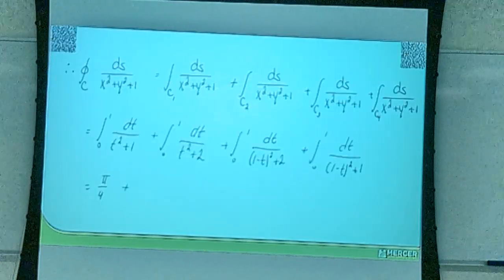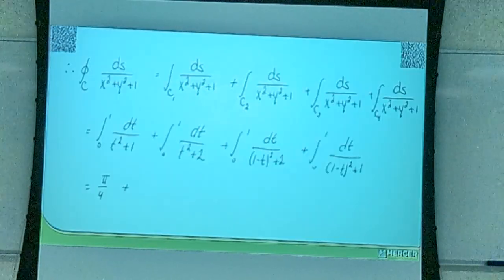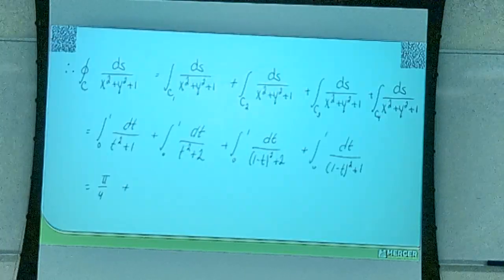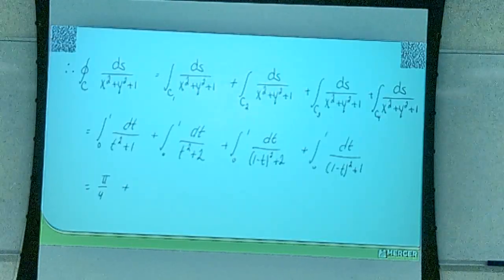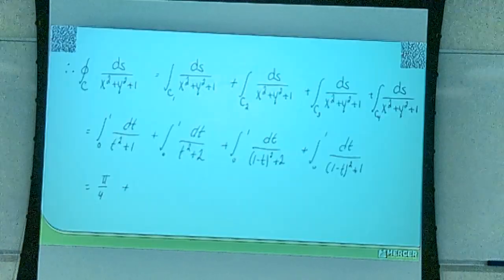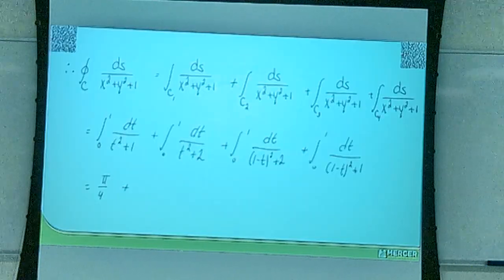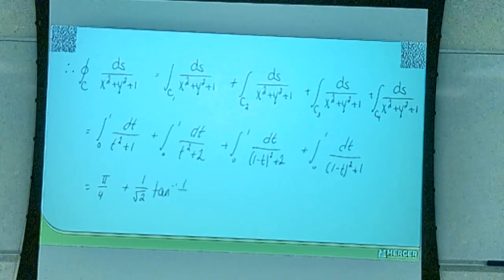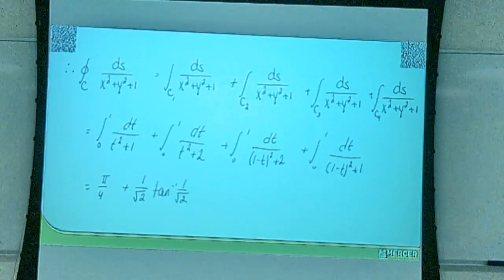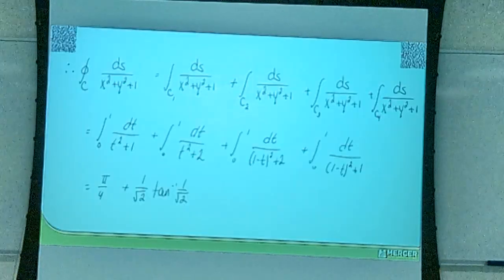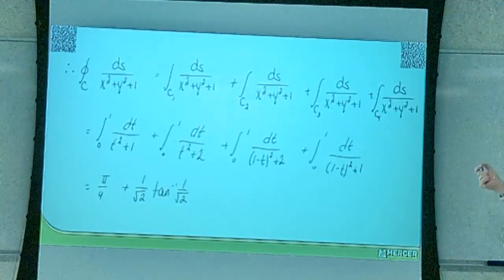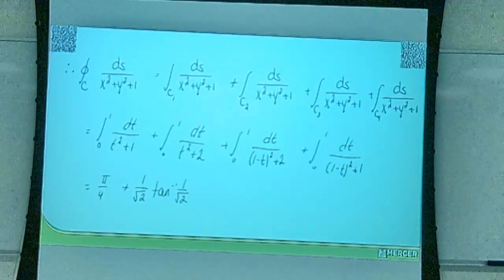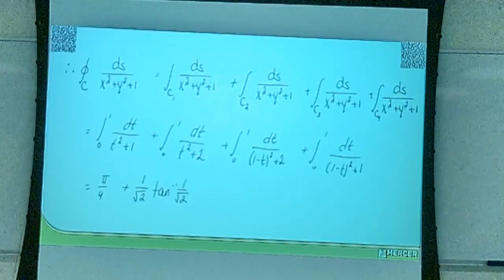Plus 1 over root 2 times the inverse tangent of t over root 2. It's just going to be that, because you're still going to have inverse tangent of 0, which is 0. Now we're going to do minus, because you have to do u sub, right?